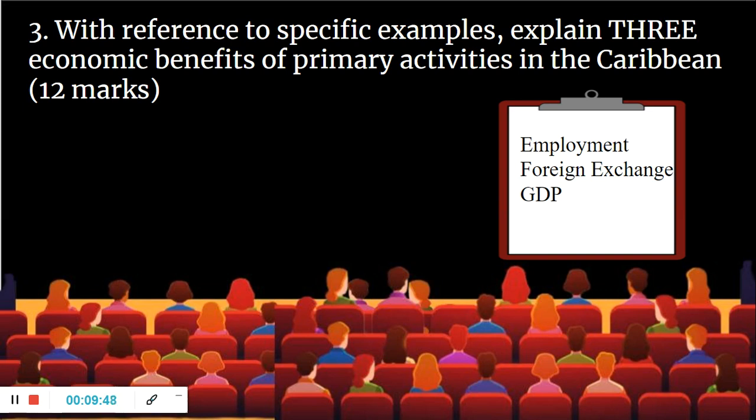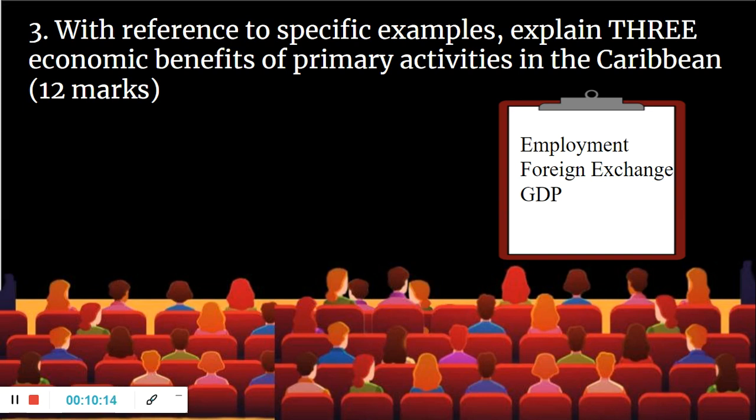And with that foreign exchange, the country is able to participate in international trade, which in turn is important because the countries of the Caribbean are not self-sufficient. So some of the things that they need, they don't have locally.